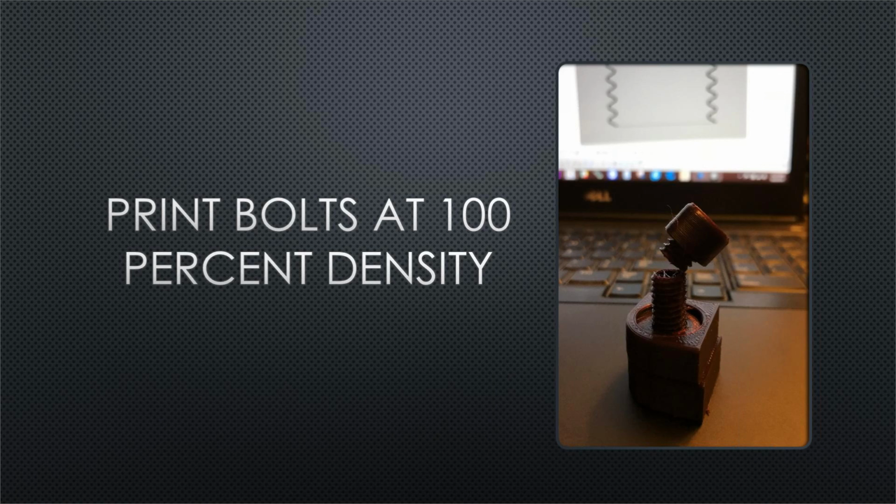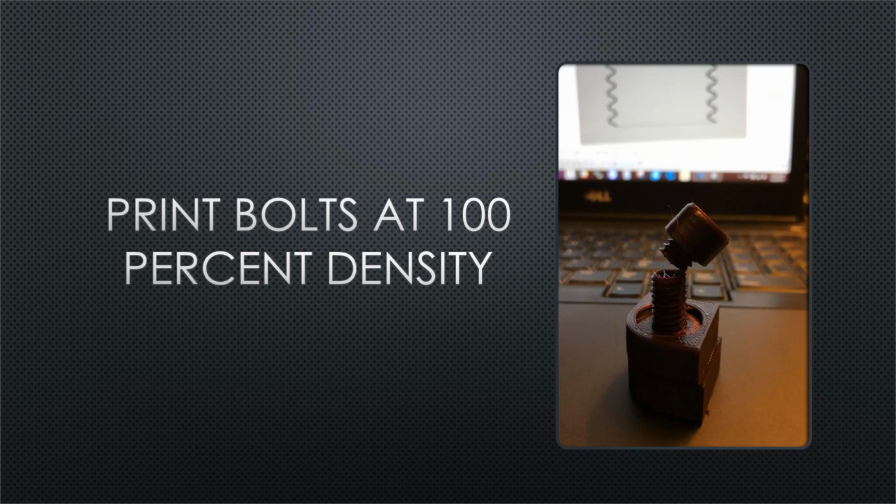Also, try printing the bolts at 100% density. I printed this bolt at 15% density, and you can see it's pretty hollow on the inside. When you start to screw it into your component there, sometimes it catches onto something, and then it applies a little bit too much torque, and then it snaps.